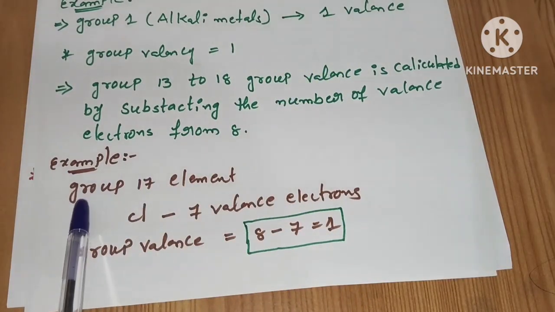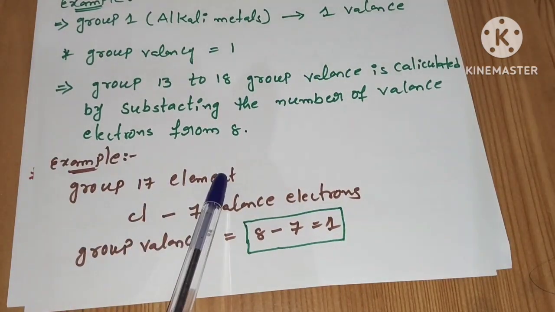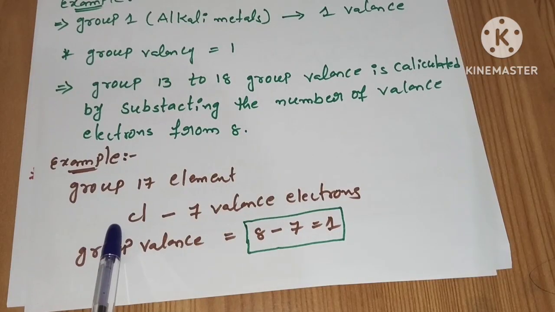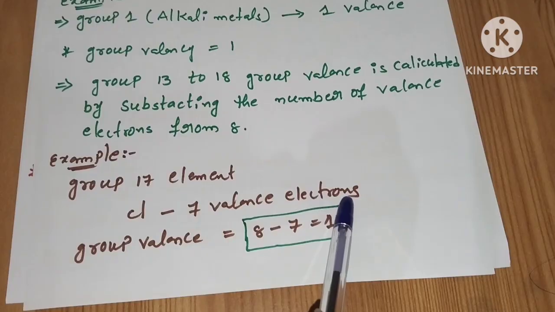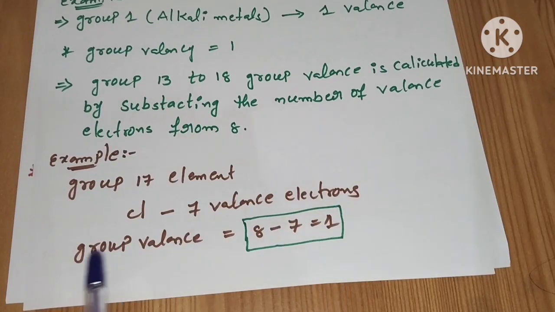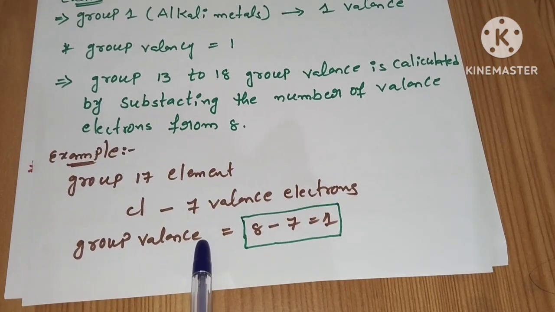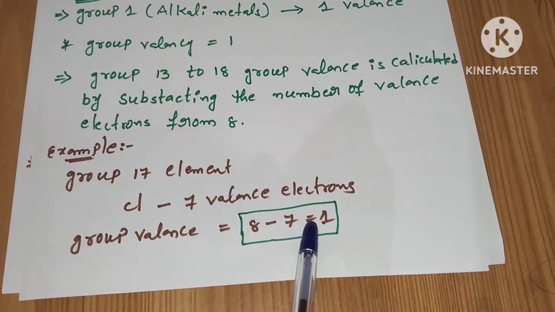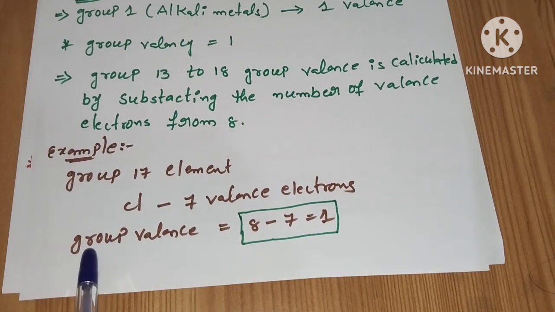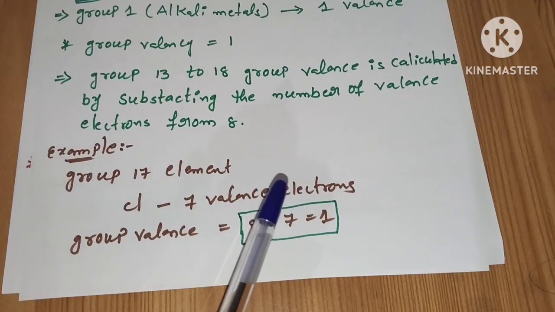For example, group 17 elements like halogens, we will take chlorine. Chlorine has 7 valence electrons, so its group valency is 8 minus 7 equal to 1.